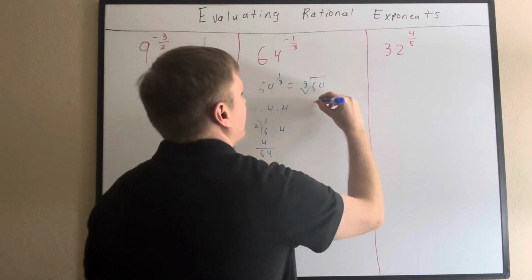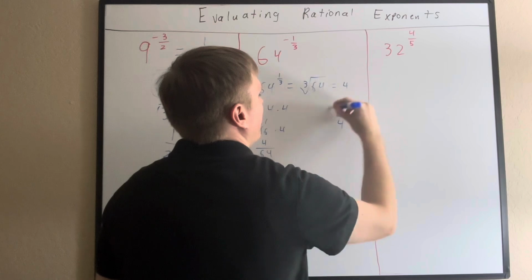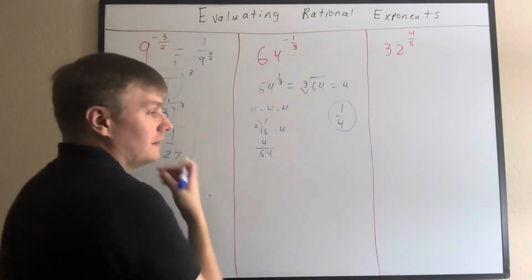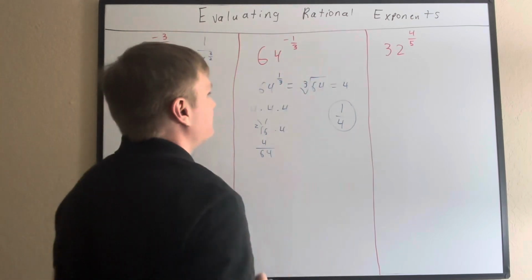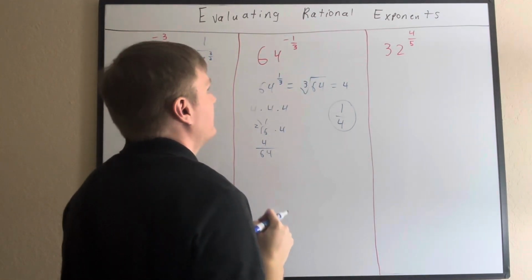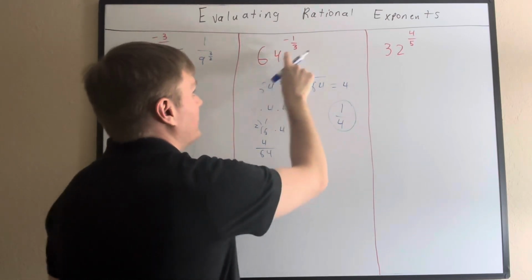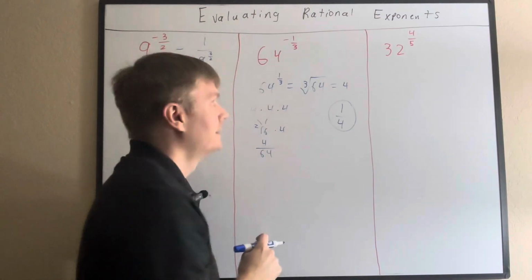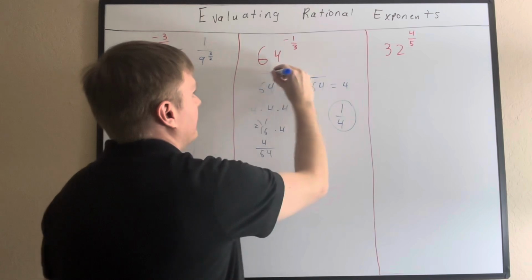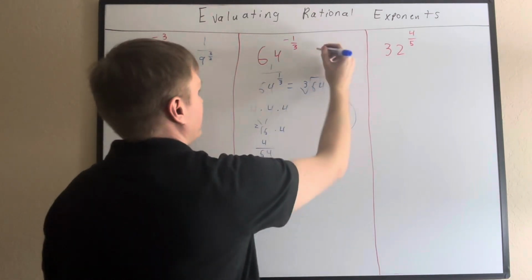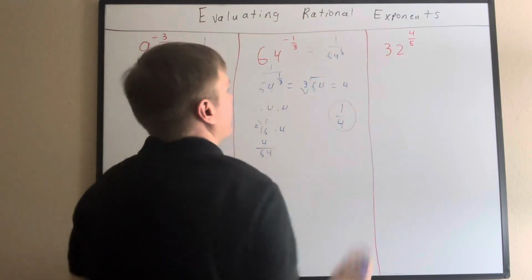Okay, so it would be 4, but it's negative, so the answer would be 1/4. Think of it that way, if that helps you. Always remember, when you have a negative exponent, you take the reciprocal of this number, not the reciprocal of the exponent, the reciprocal of this number, and the exponent becomes positive. Same as 1 over 64 to the 1/3.